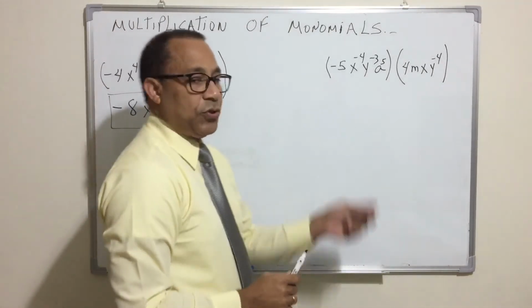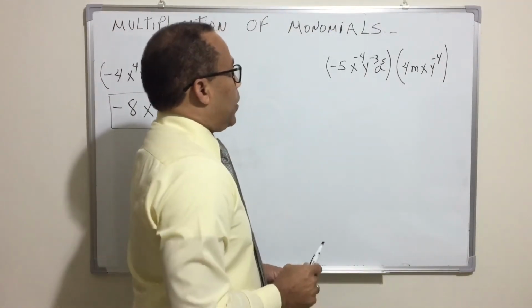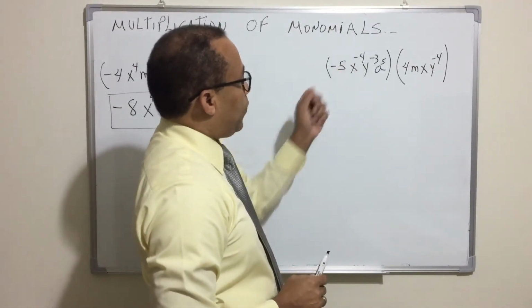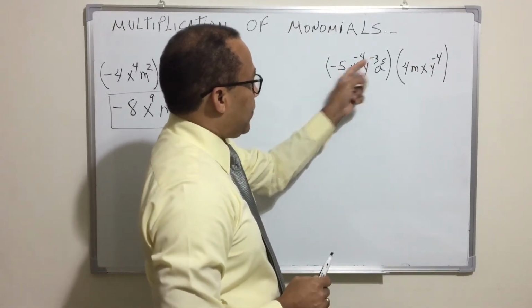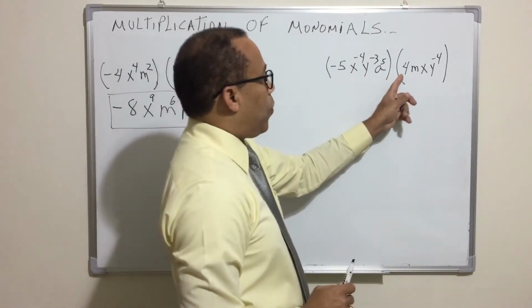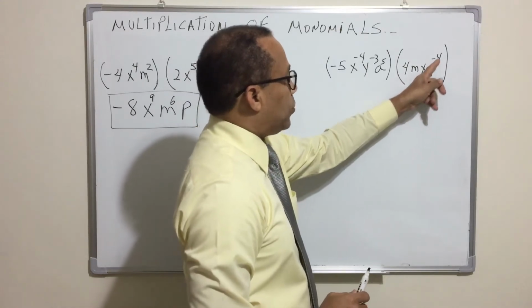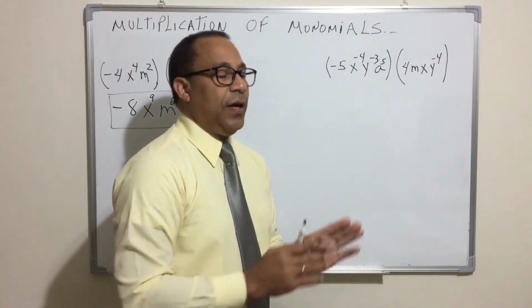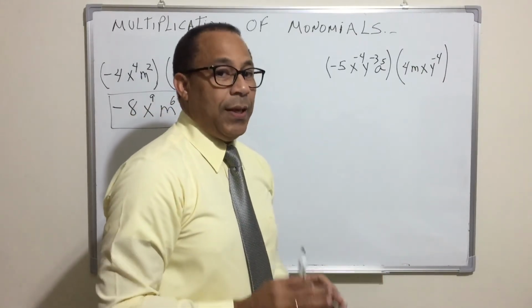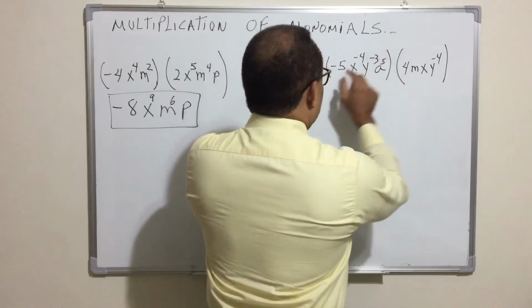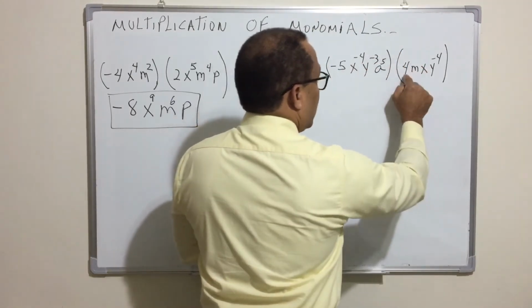Let's see exercise number 2. We are multiplying monomials: negative 5x to the negative fourth, y to the negative 3, a to the fifth times 4mxy to the negative 4. Multiply monomials. First, multiply the coefficients, because they are multiplying. Look, this number is multiplying with this one here.